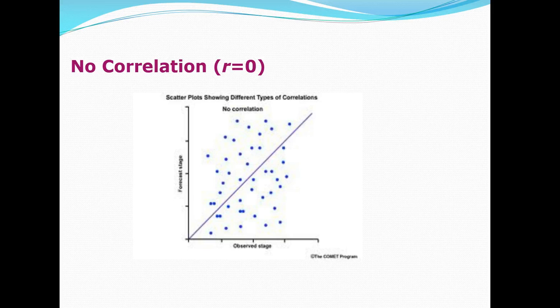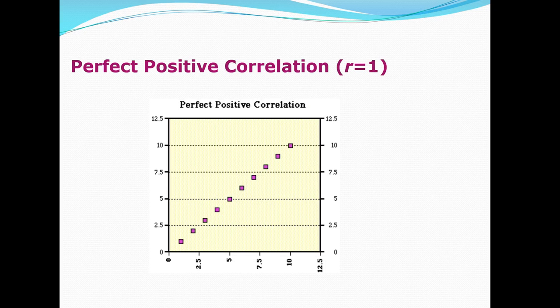So what we have here in our slide is a demonstration of a scatter plot in a sample where there was no correlation between the two variables. Well, here is another slide of scatter plot that shows you perfect positive correlation where the correlation coefficient, which is your R, is equal to 1.